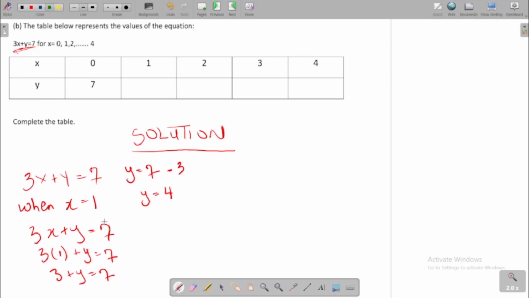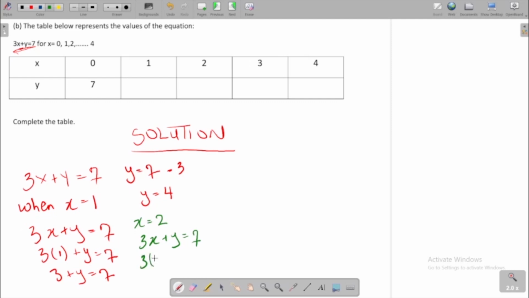So the next one, when x is equal to 2. So you have 3x plus y is equal to 7. Whenever you see your x, you put 2.